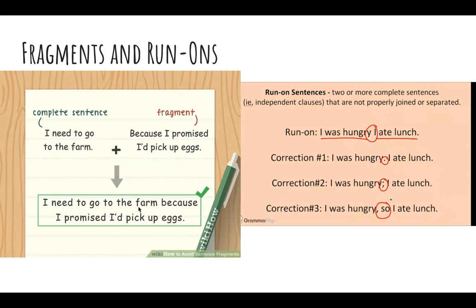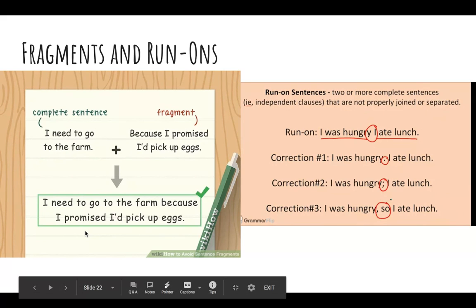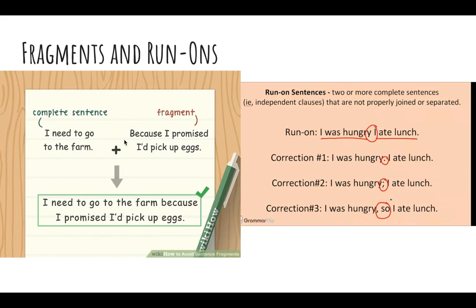I need to go to the farm because I promised I'd pick up eggs. So if you write a sentence and you start it with a subordinating conjunction like that, it's not going to be correct. It's going to be just half of a sentence, a fragment. And that'll be underlined on Google or Microsoft Word when you write. Right, because you have to have that complete sentence to make it make sense.